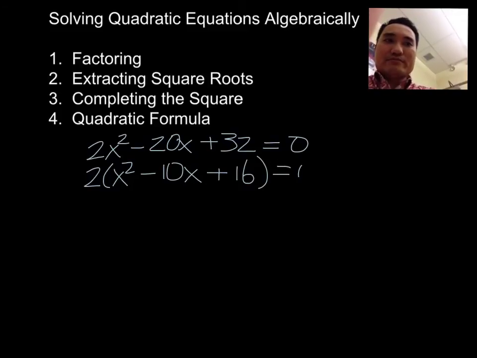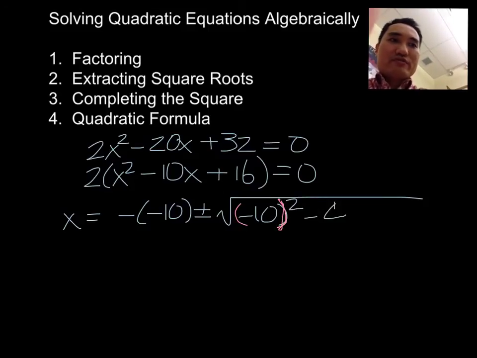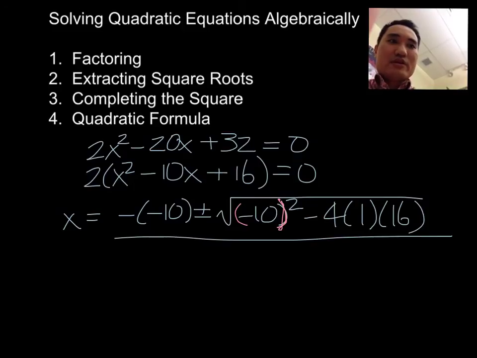Alright, here we go. So x equals negative negative 10 plus or minus root b squared minus 4ac all over 2 times 1.